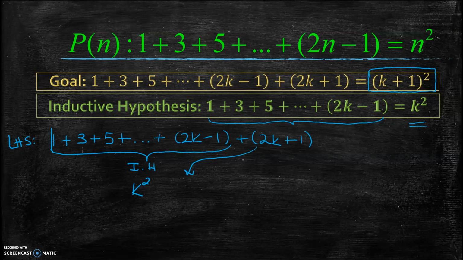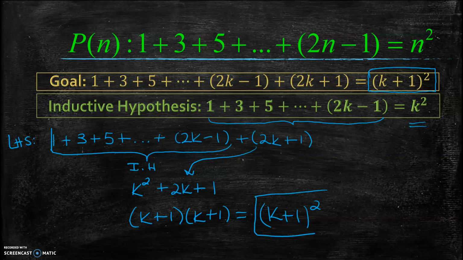And we'll bring down our 2k plus 1. Now, we can factor this to be k plus 1 times k plus 1, or simply k plus 1 squared. And so we've reached our goal and proven our sum.